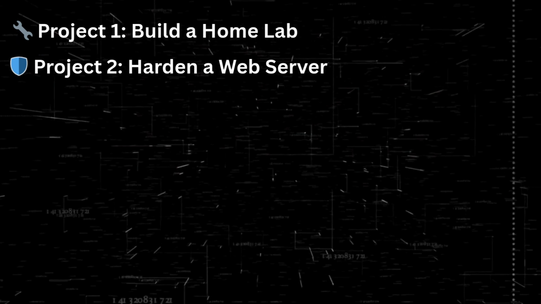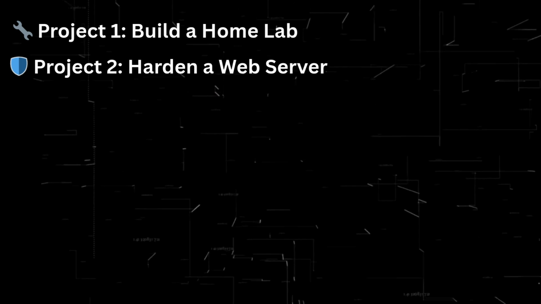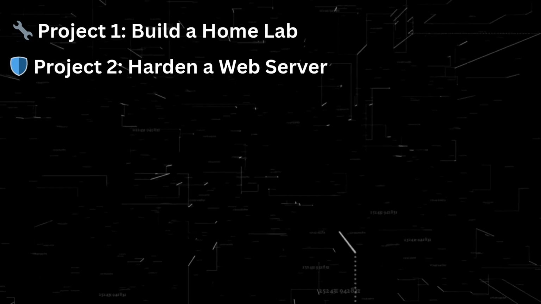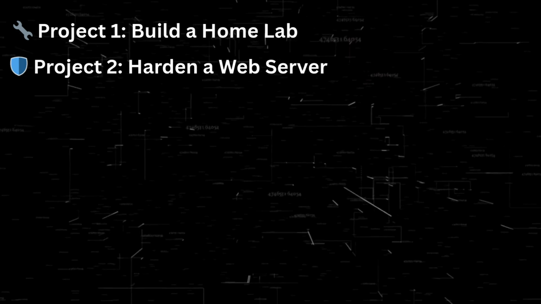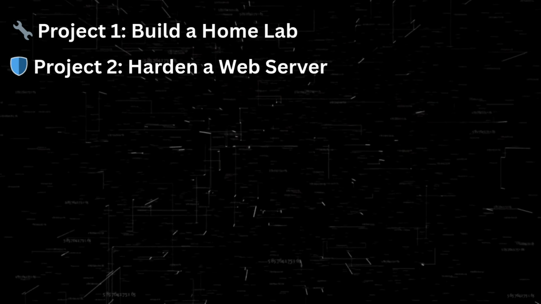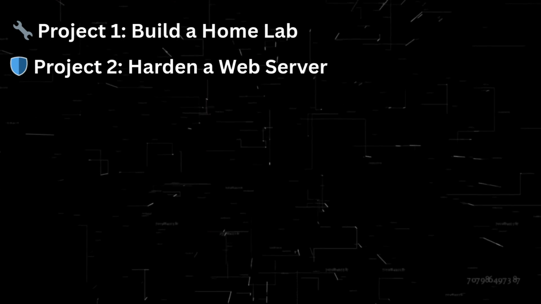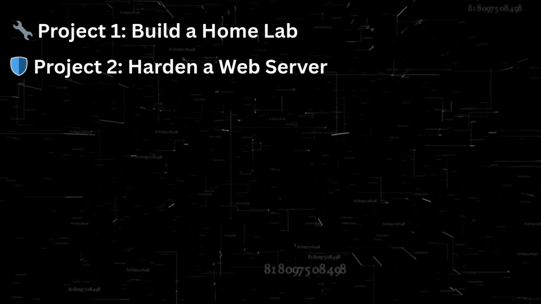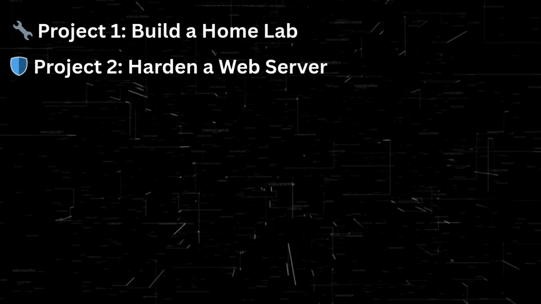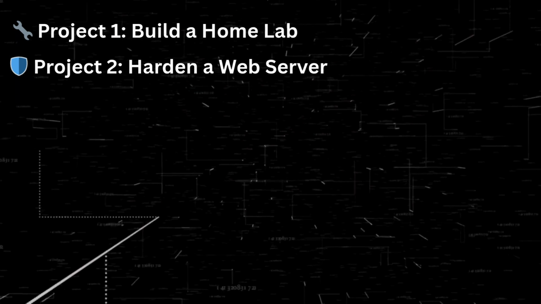Document each step. You can share it on your GitHub or on LinkedIn, but GitHub is more effective. You can share the GitHub link or the showcase on LinkedIn later.